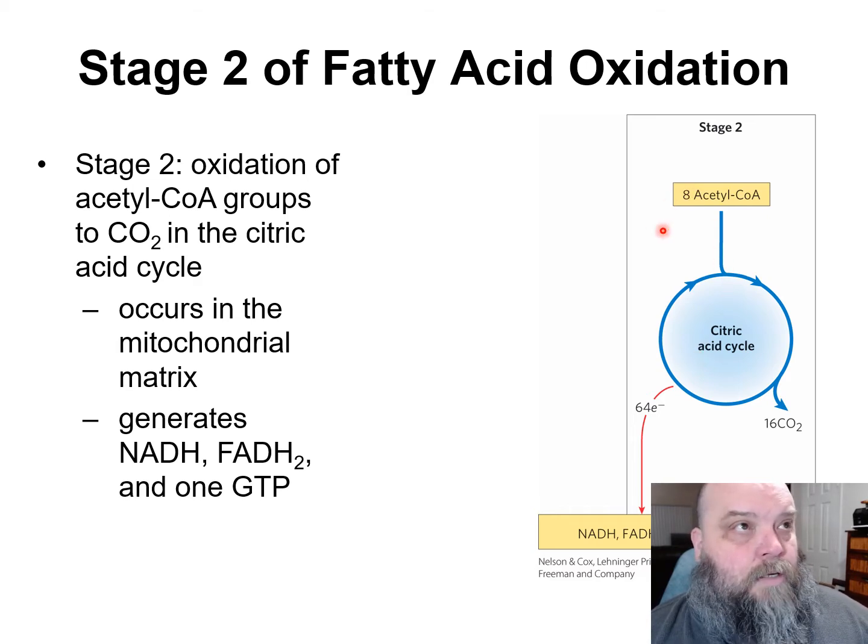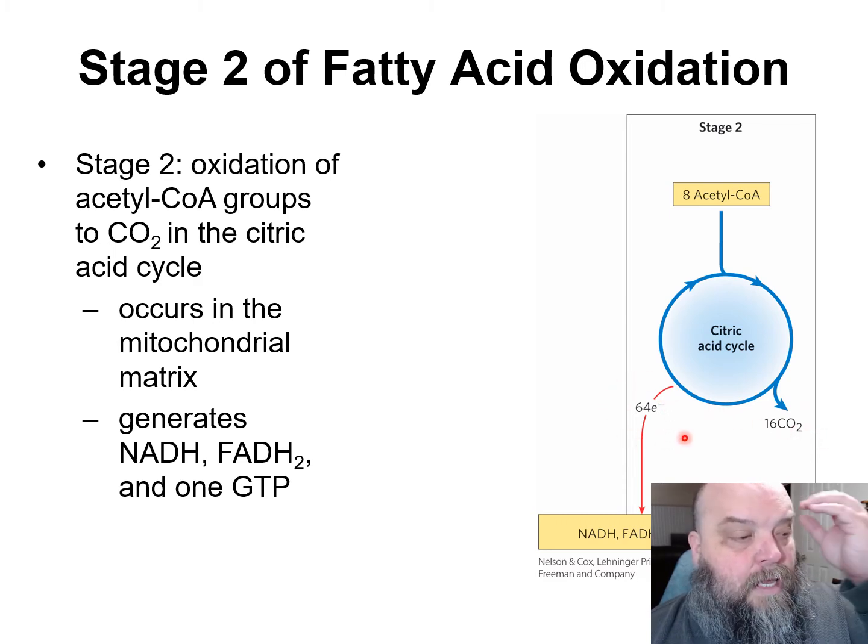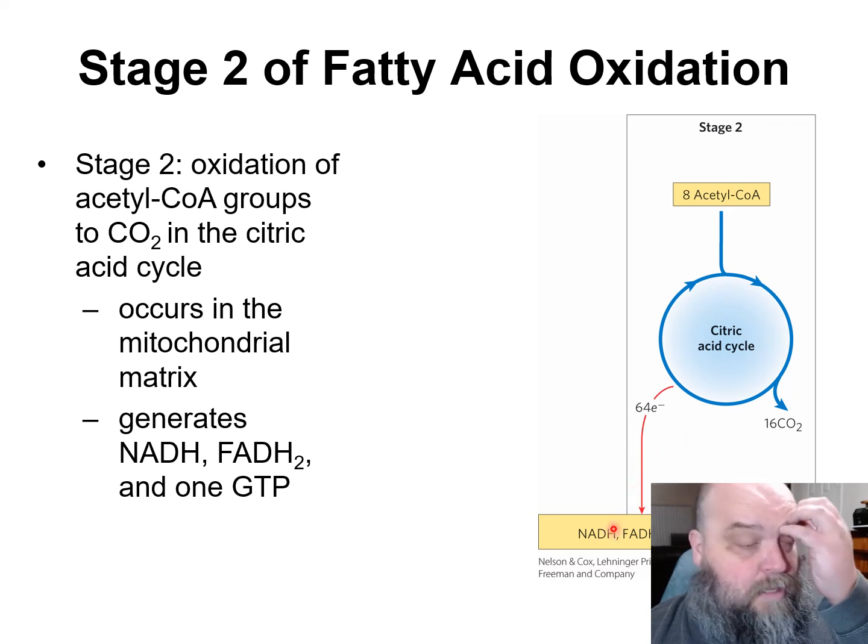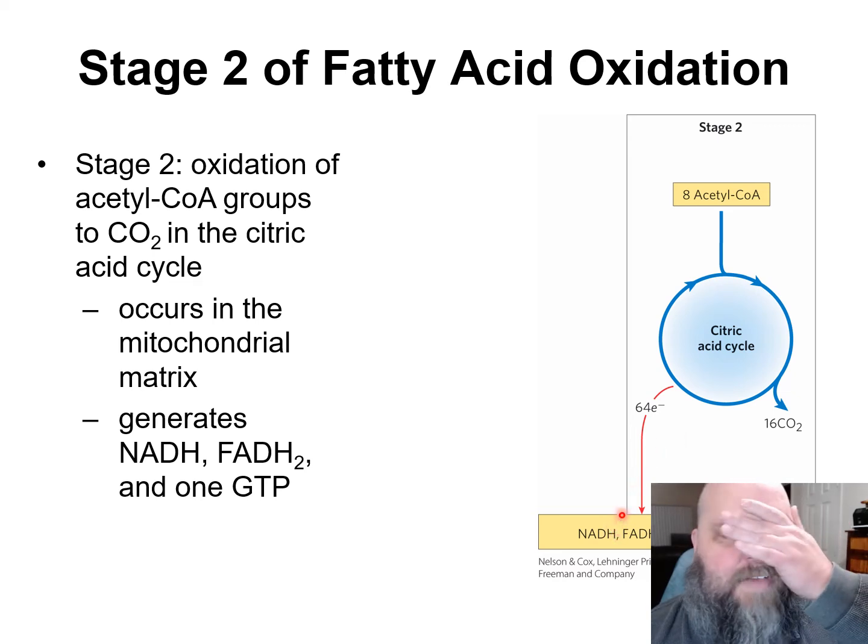So our 16 carbon length fatty acid is going to yield 8 acetyl CoAs, which are going to go through the cycles. It's going to result in 16 carbon dioxides and 64 excited electrons in the form of NADH or FADH2.